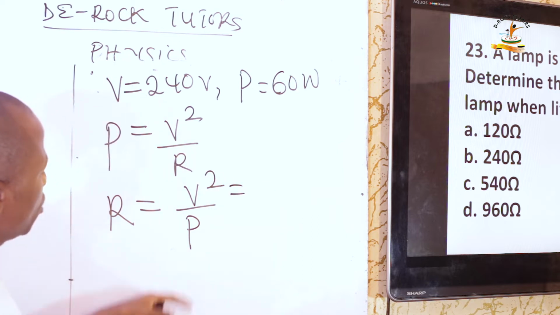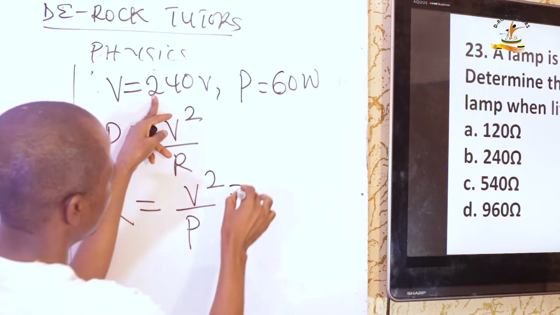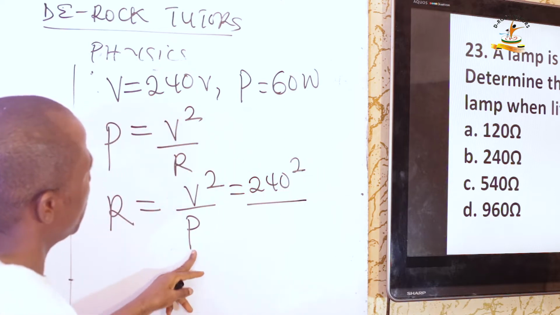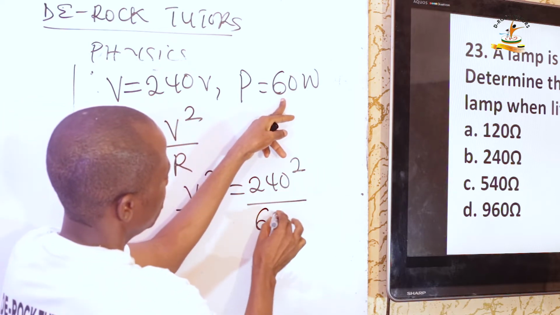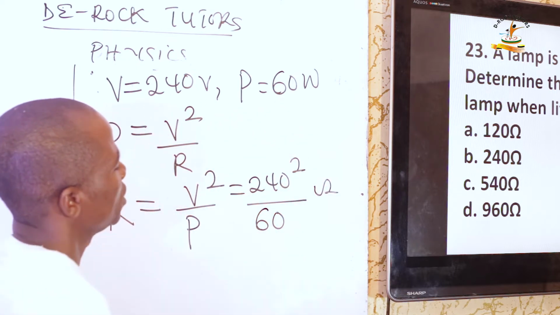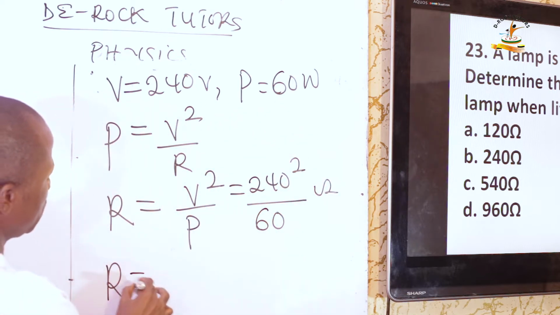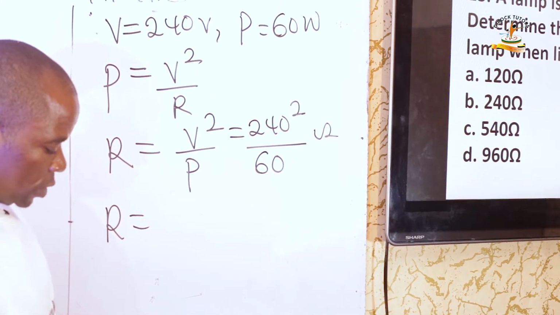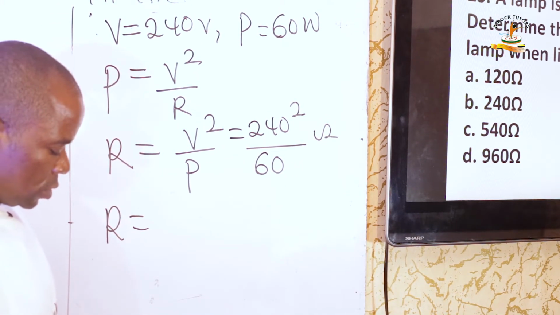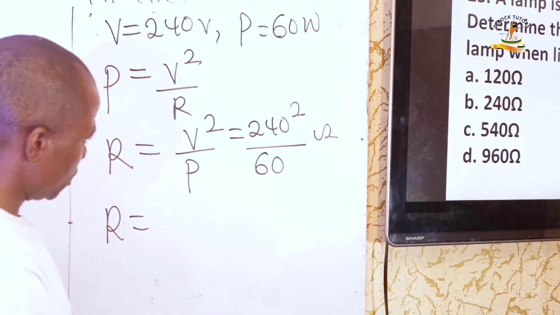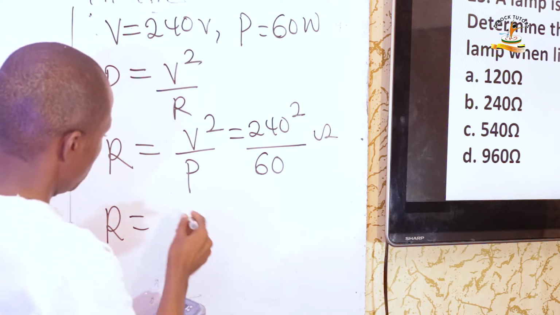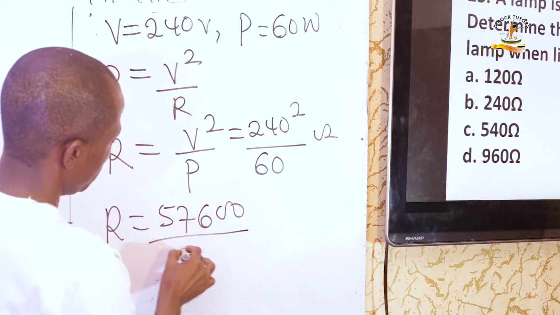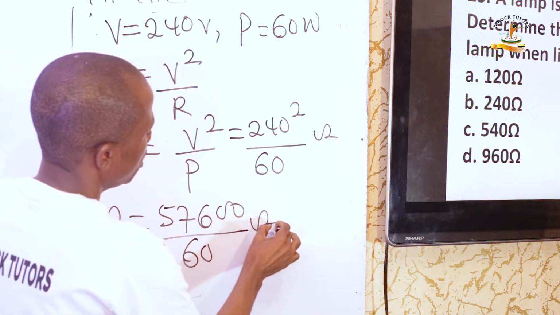That becomes 240 squared, since the voltage is 240, divided by the power, which is 60. Don't forget the unit of resistance is ohms. So, the resistance now, using our calculator, 240 squared gives us 57600, divided by 60 ohms.